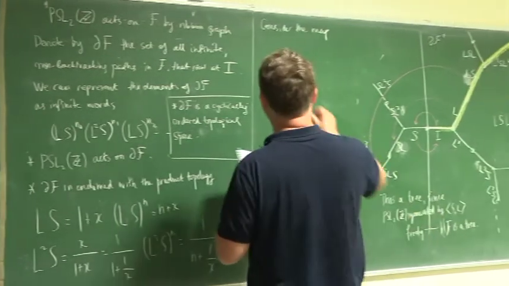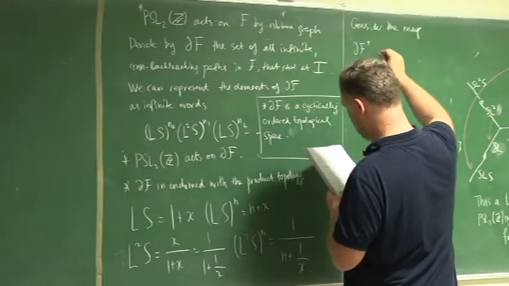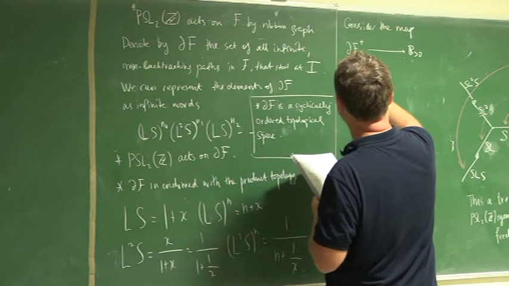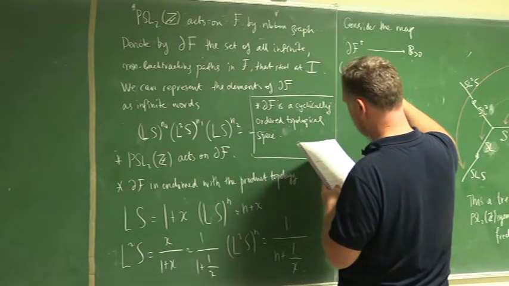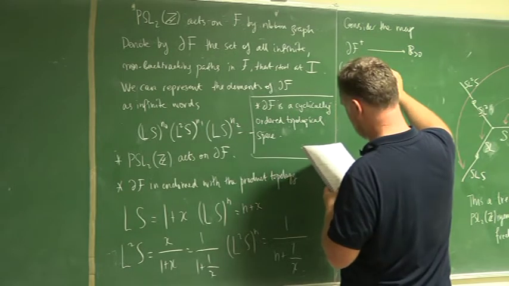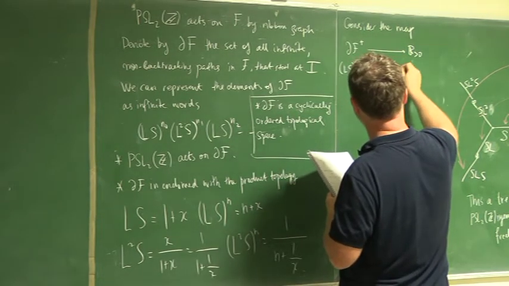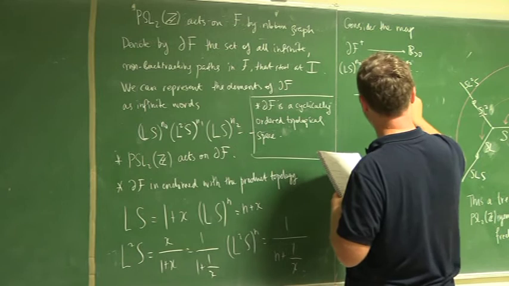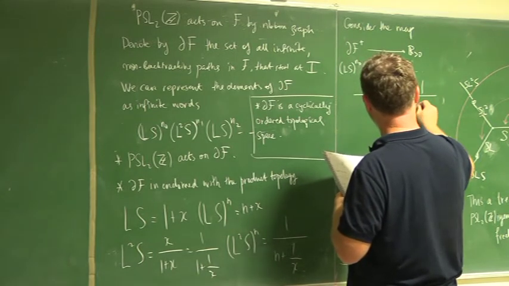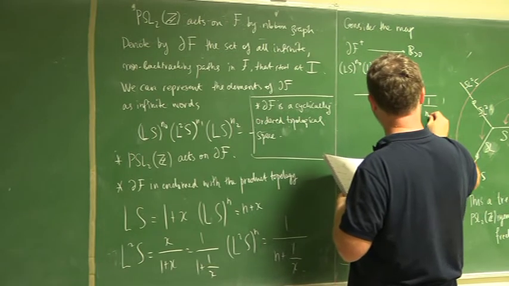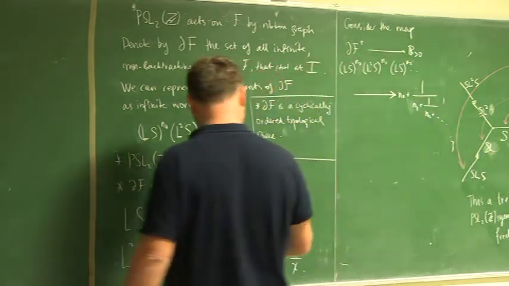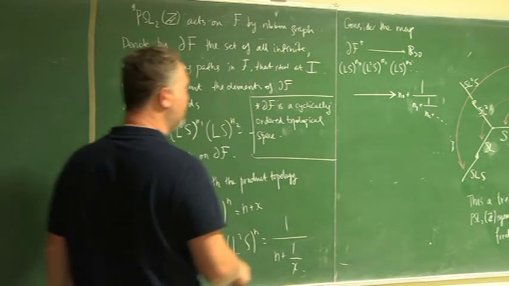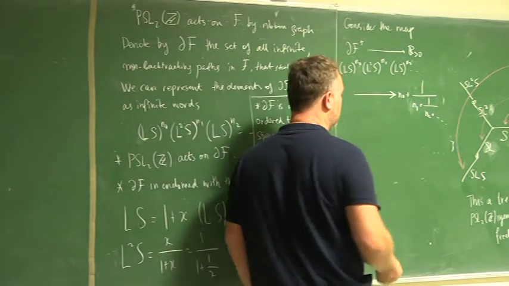So we consider the map from this part of the boundary to the set of positive real numbers, sending Ls to the power n0, L squared s to the power n1, Ls to the power n2, etc., sending this element to n0 plus 1 over n1 plus 1 over n2 plus etc. If indeed you compose these operators, Ls to the power n0, L squared s to the power n1, etc., you end up with this continued fraction.